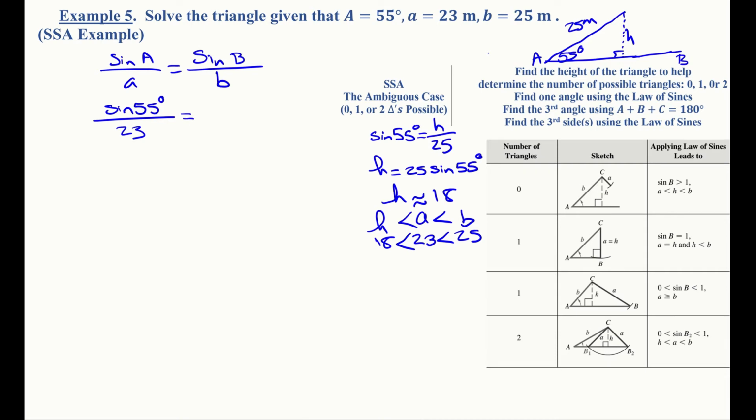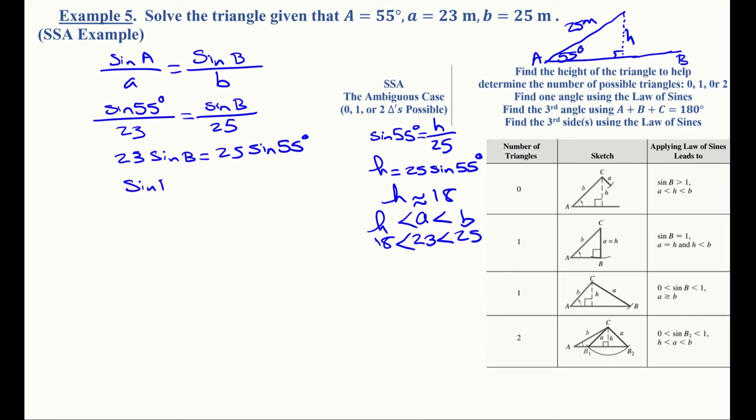And that's going to be the same as sine B over b. We do have the value of b here. b is 25. So we cross multiply and solve for sine B. We get 23 sine B is equal to 25 sine of 55 degrees.